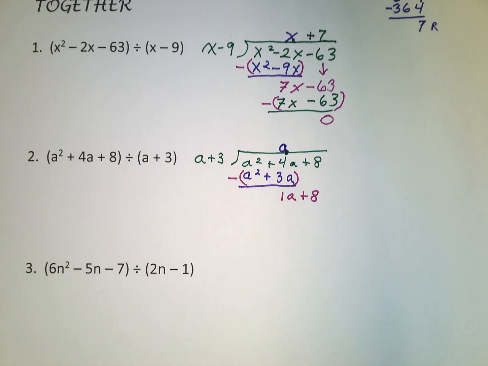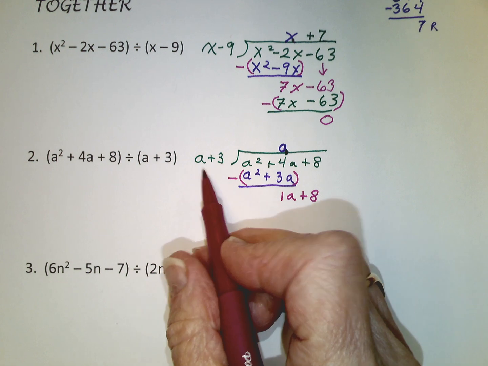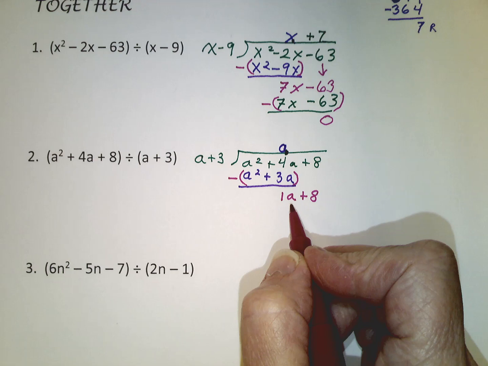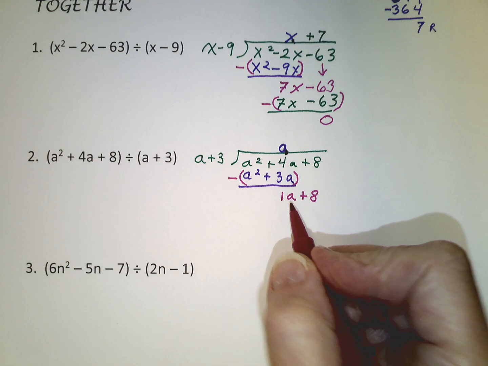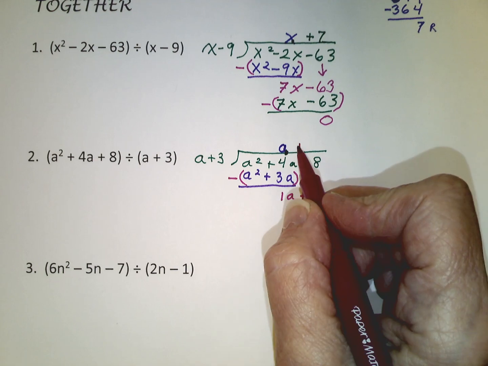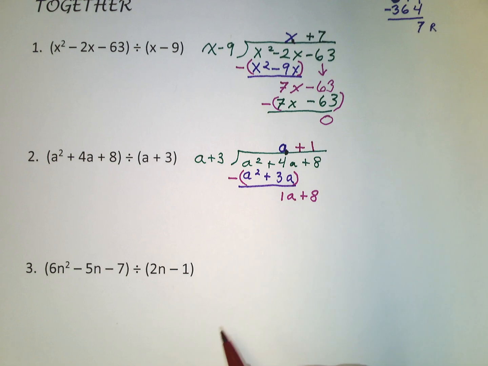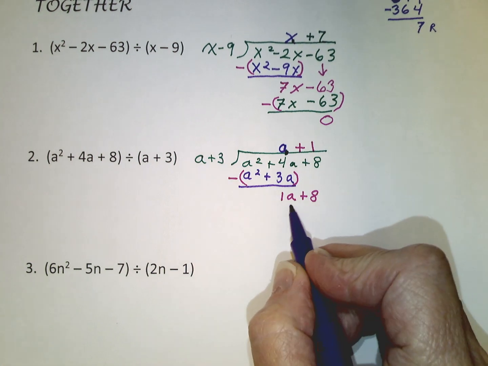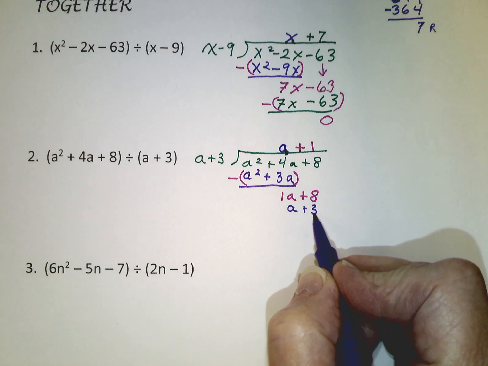And keep dividing. So what do we multiply times a to get 1a? Well, there is a number there. It is a positive 1. And now we multiply that positive 1 times the entire divisor, and we get a plus 3.